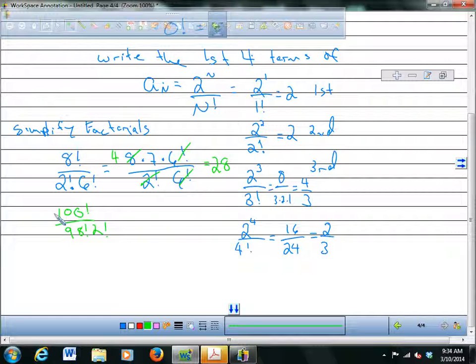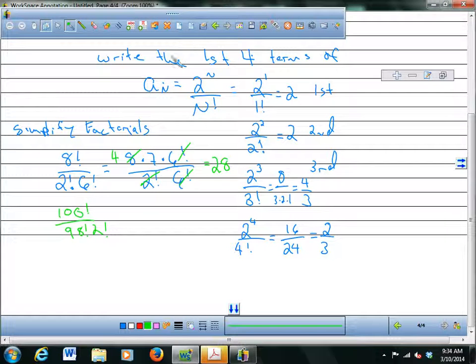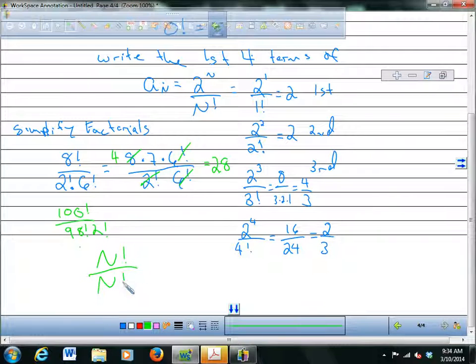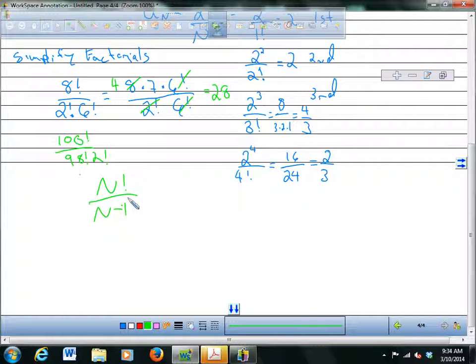And where it gets really confusing is when you're simplifying factorials where you just have variables. What if I had n factorial over n minus 1 factorial? How would I simplify that?